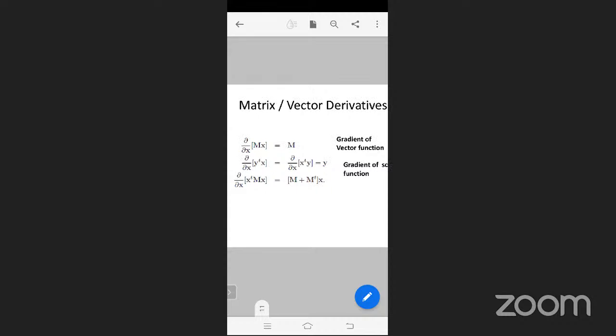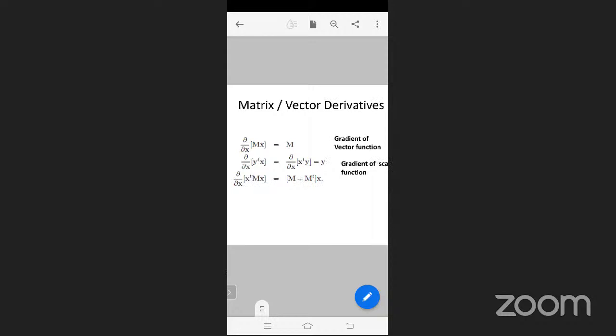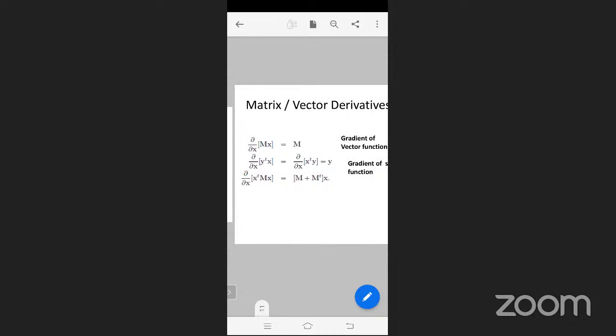This loss function is generally in multiple dimensions, not just a single dimension, and it is a scalar function. So I will use the derivative of that with respect to a vector, which is the gradient. And if I have multiple functions to optimize, then I will use the Jacobian and so on. So that's the reason why this is important.